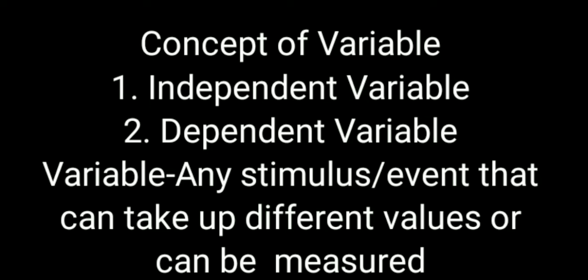So let's sum up. Independent variable is a condition that is manipulated. It is the cause which the researcher wants to study, and dependent variable is the phenomenon the researcher desires to explain, that is the outcome. I hope the concept of variable, independent and dependent variable are now clear to you.